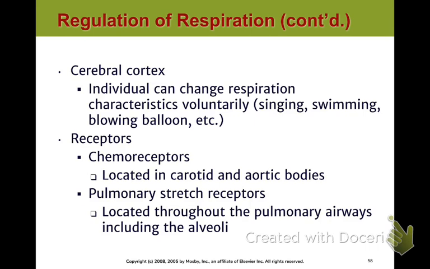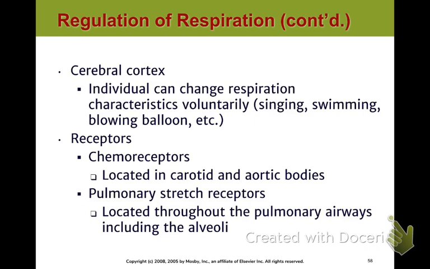If the acidity of our blood, if the pH value of our blood starts to drop, the chemoreceptors will sense that, and you turn off conscious control of breathing. Your pons and your medulla override your cerebral cortex, and your body's going to start breathing all on its own.